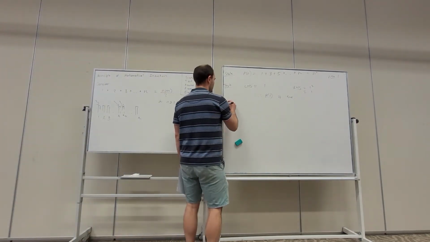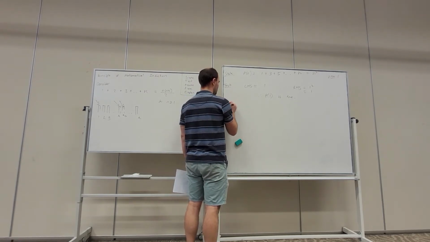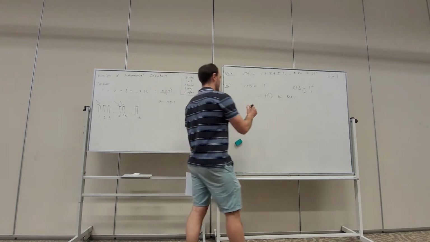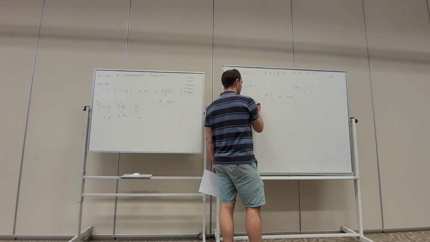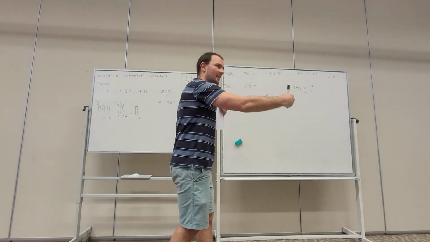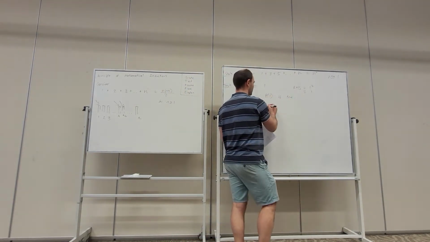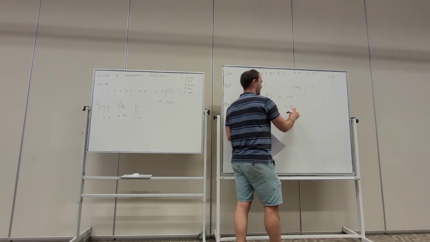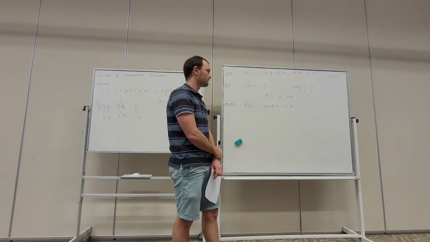Let's make our assumption. We're going to assume that P of k is true. Okay, so P of k is going to be somewhere in between 1 and n. So it's going to be 1 plus 3 plus 5 plus up to the kth odd term.